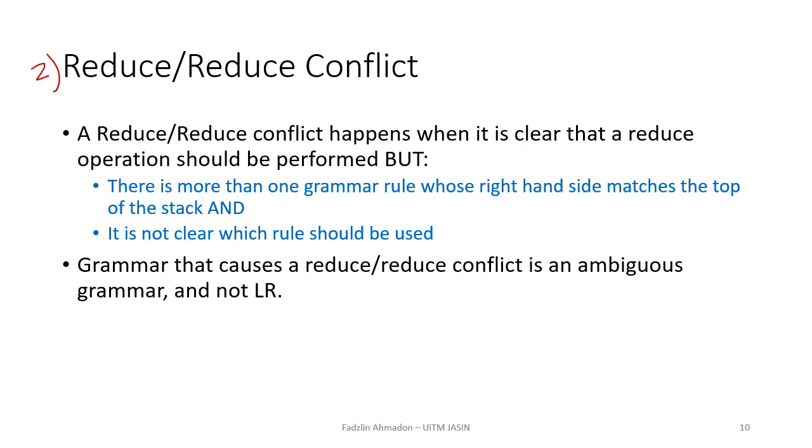A reduce conflict happens when it is clear that we need to do a reduce operation, but the parser is confused which rule should be applied when doing the reduce operation. Grammar that causes reduce conflict is ambiguous and certainly not LR grammar.